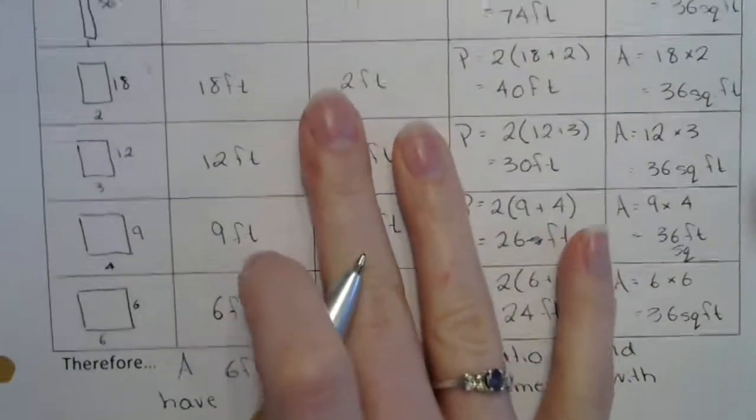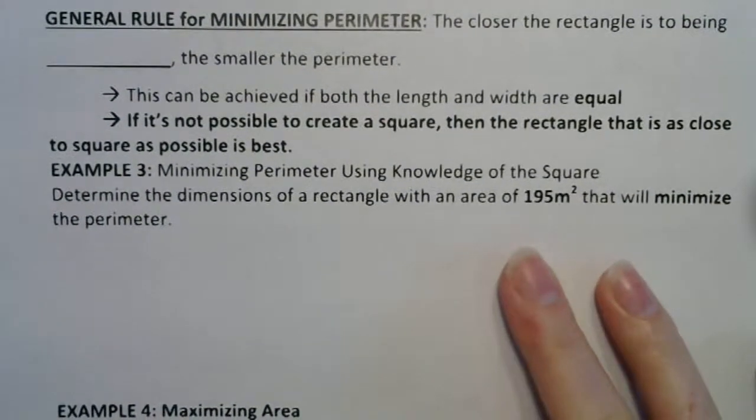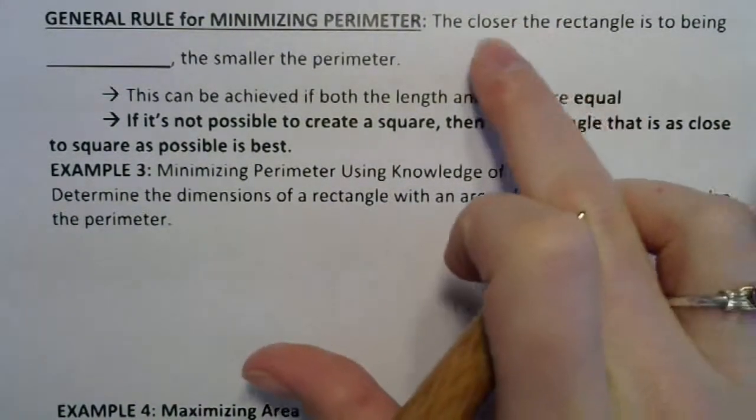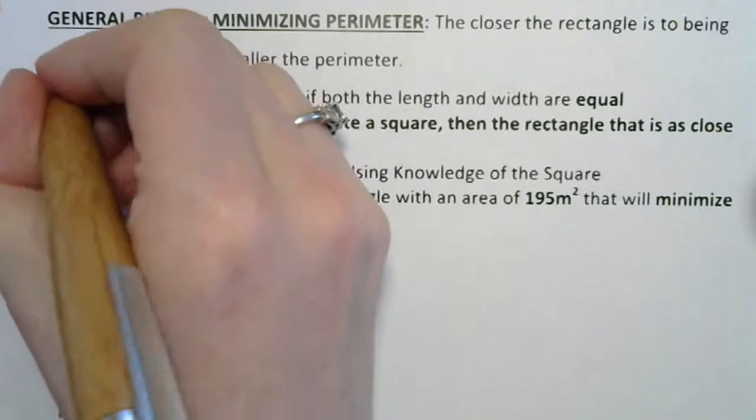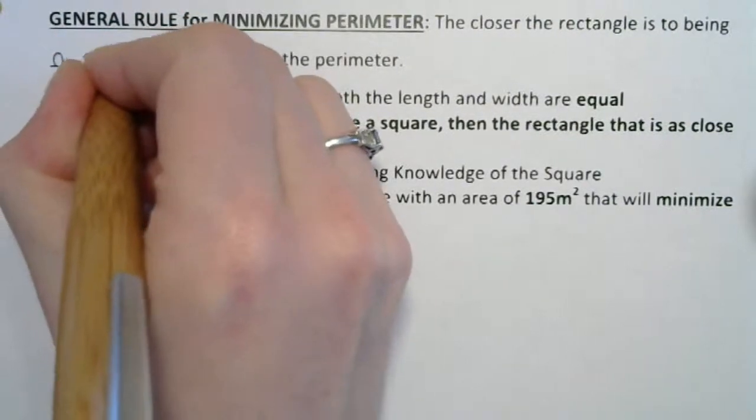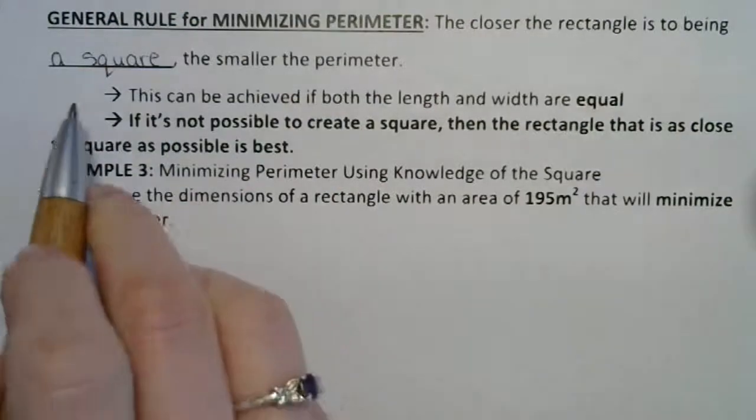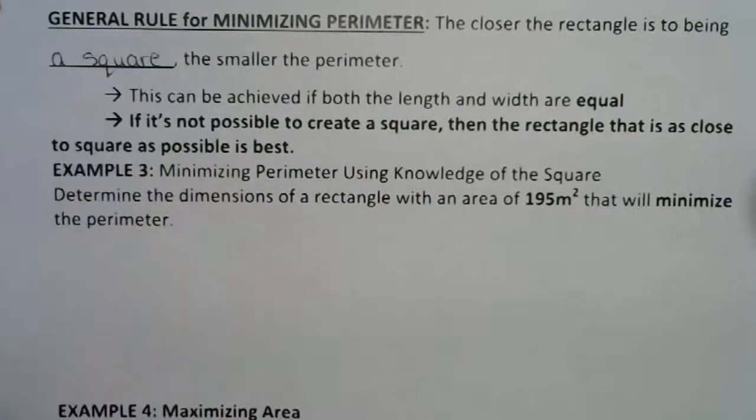Now, in general, okay, if we have any rectangle and we're trying to minimize the perimeter, the closer the rectangle is to being square, the smaller the perimeter will be.